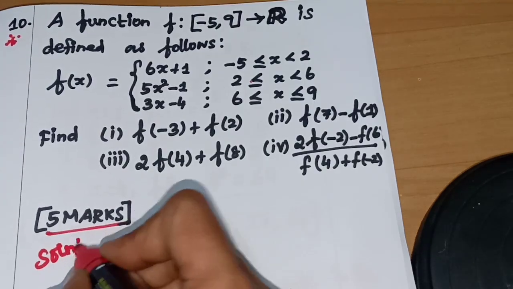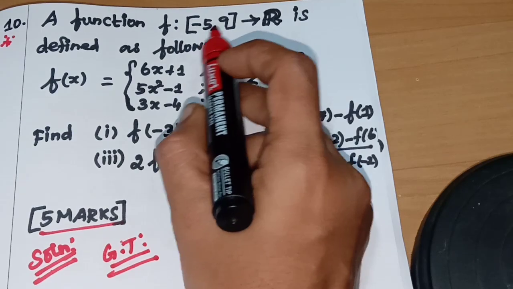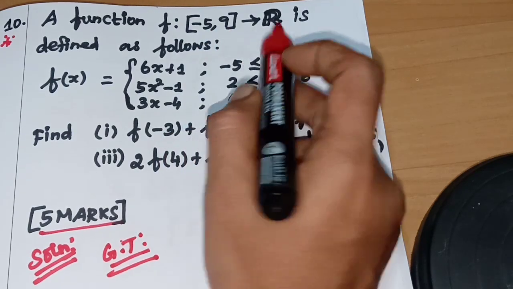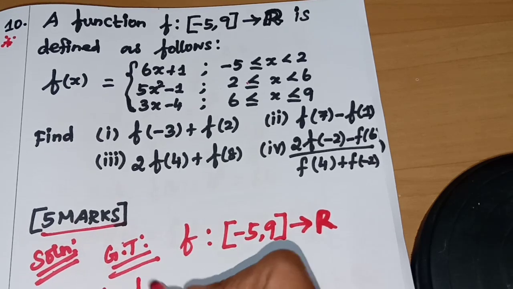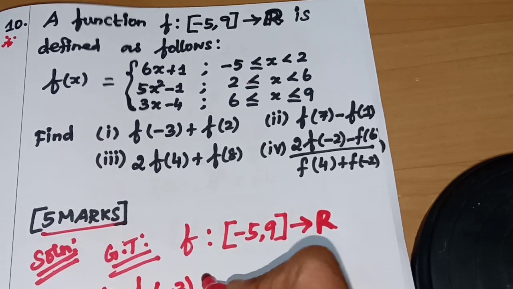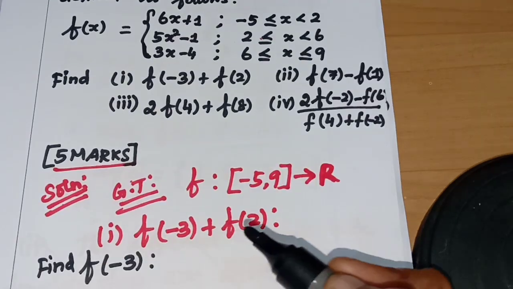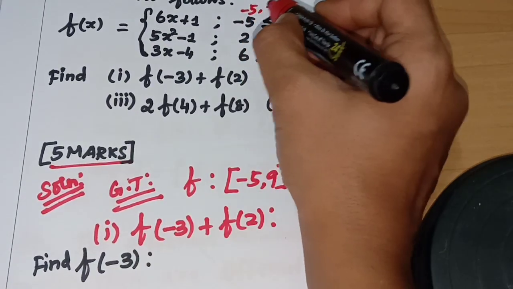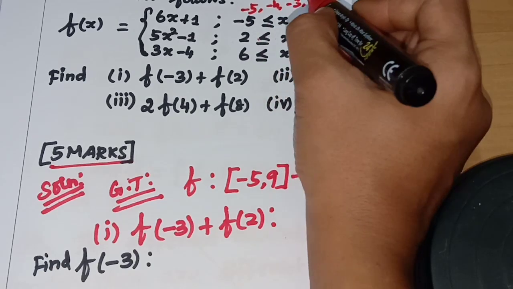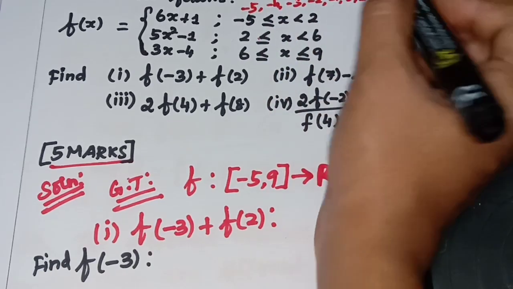That function f from minus 5 to 9 goes to R. First subdivision, f of minus 3 plus f of 2. F of minus 3. The limits, first one: minus 5, minus 4, minus 3, minus 2, minus 1, 0, 1.